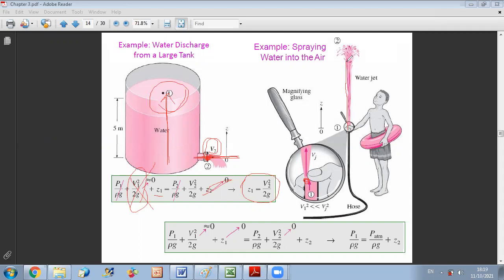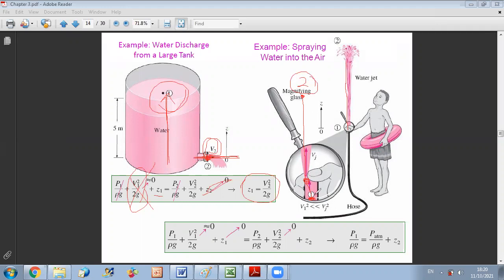So first, I can say that the Bernoulli equation is applicable, but I should be far from walls. So I can consider a streamline just passing by the center of this area like this. And I can consider any point 1 here in the flow at this level, and my point of interest, which is the maximum height reached, will correspond to point 2.